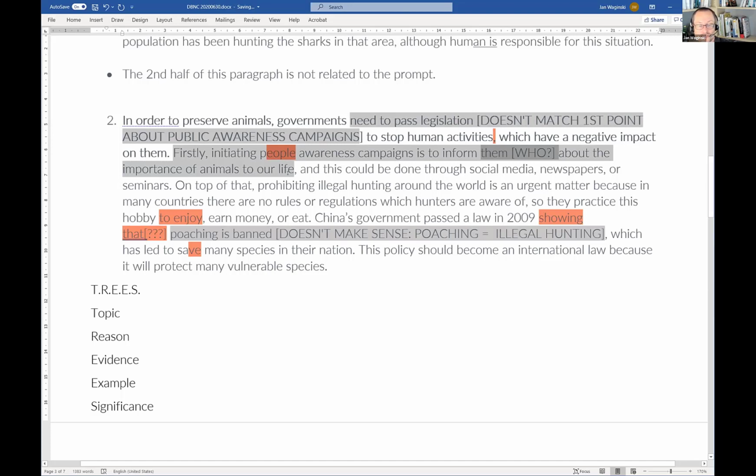Is this related to the topic sentence? No. This is prohibiting illegal hunting. This is related to it. Okay, so this paragraph would be much stronger if you just got rid of this.